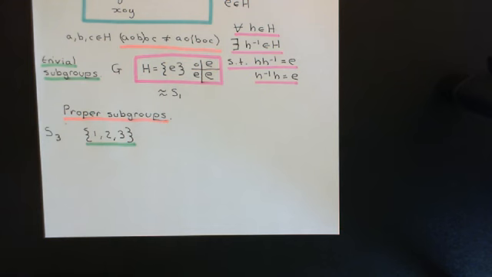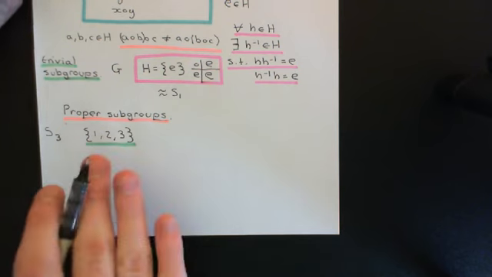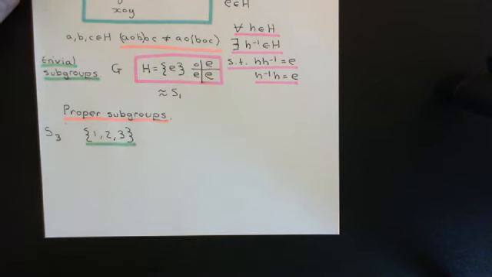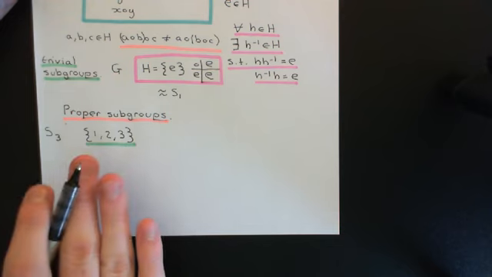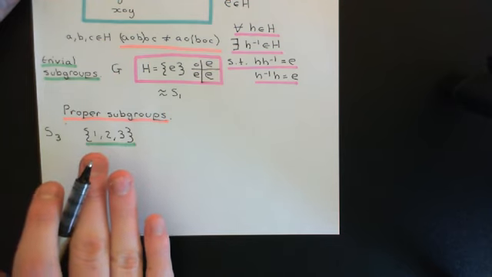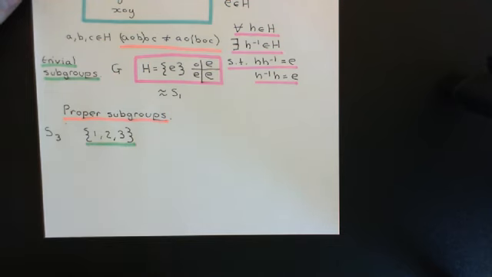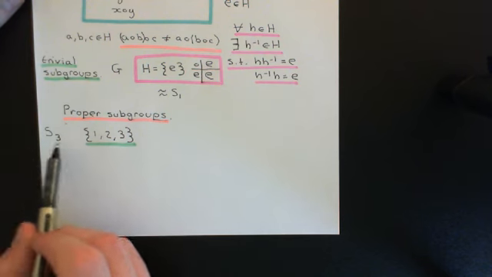So let's go through this. I'll just remind you of the structure of this group. We need to look at all possible set permutations of this set of three elements, give all of those set permutations symbols, put those symbols into a set, and that's going to be our S3 group.